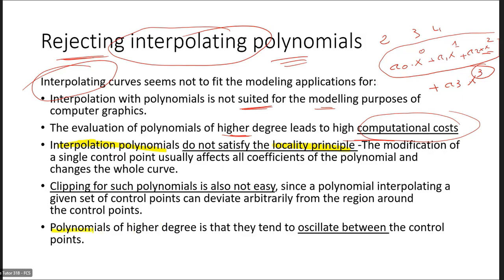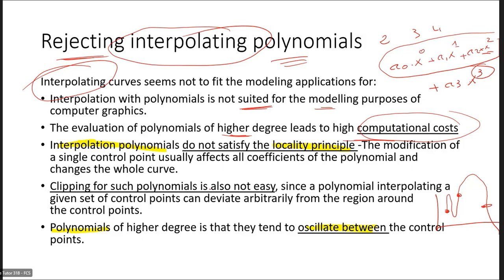A polynomial of higher degree can oscillate between the control points. So you can have, as I explained, curves like this. If you make a polynomial with higher order, you can have, for example, a curve like this. This is the curve, and it passes through all the points, but we don't need a curve like this.